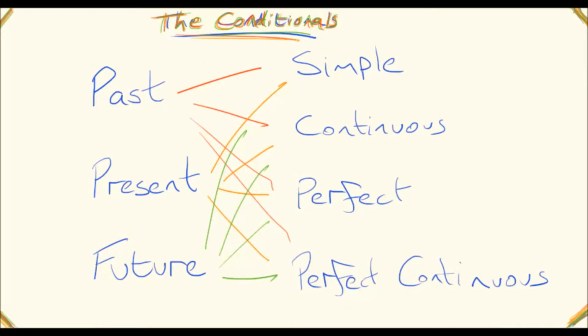And if you don't recall, let's just remind ourselves: if I say continuous, you're going to say the auxiliary verb. Which one? It's the auxiliary verb to be. If I say perfect, you say the auxiliary verb have. If I say perfect continuous, you say have and be.